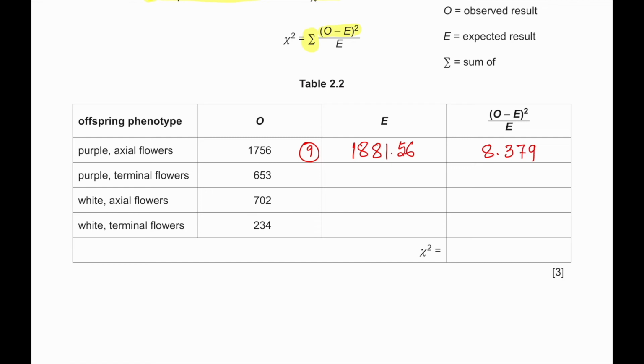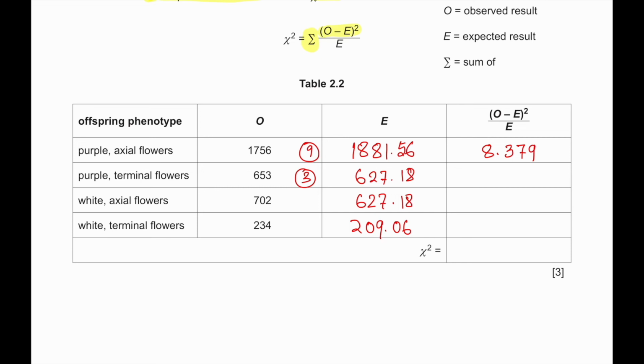So for the expected of purple terminal flower, it is a 3 ratio, so we'll have to repeat the math: 627.18. And the 1 ratio will be 209.06.